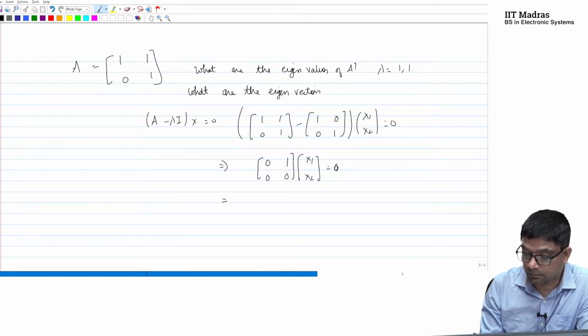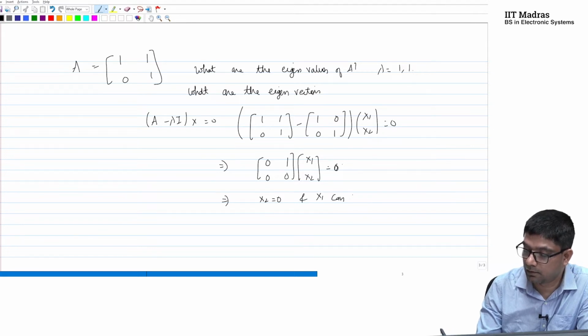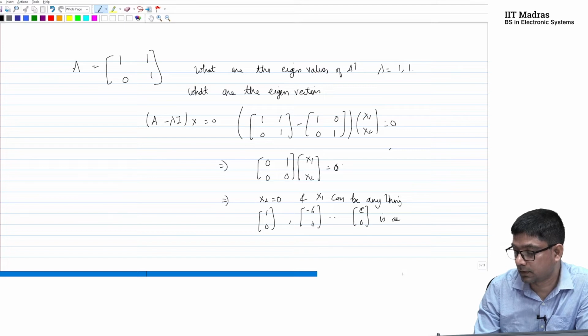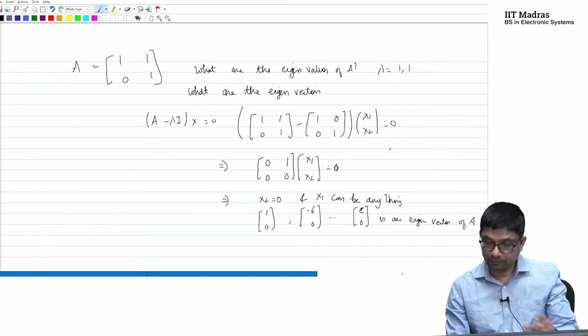Okay, so what is the solution of this? x2 equal to 0 and x1 can be anything, which means that 1, 0, say minus 6, 0, or in general any vector of the form a constant and a 0 is an eigenvector of A. Okay, what after this?